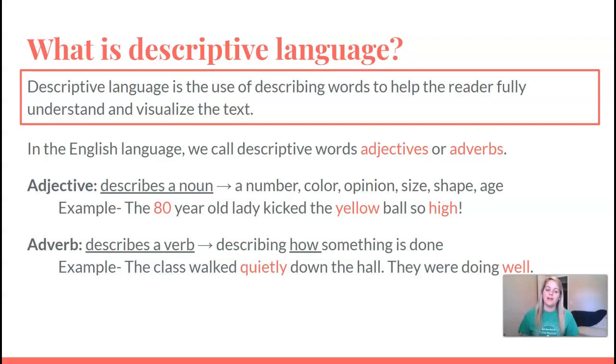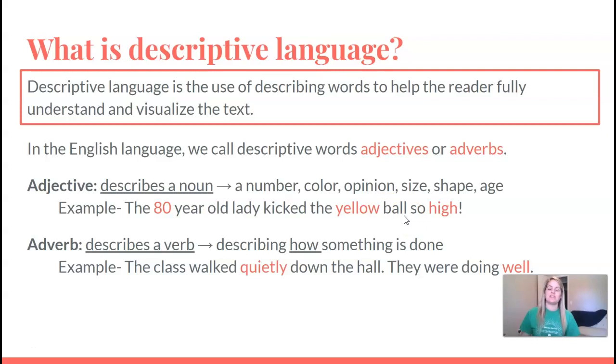So an example of adjective: the 80-year-old lady kicked the yellow ball so high. There's 3 descriptive words in here. 80 is an age. It gives us a visualization of how old the lady is. Kicked the yellow ball. So we can now picture what color the ball is. So high.